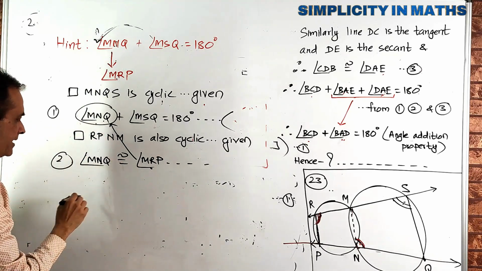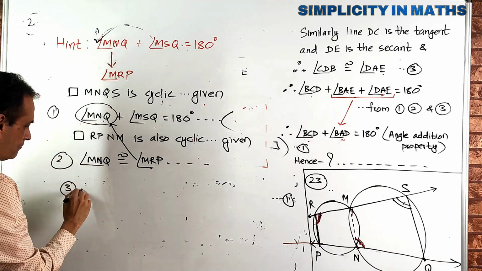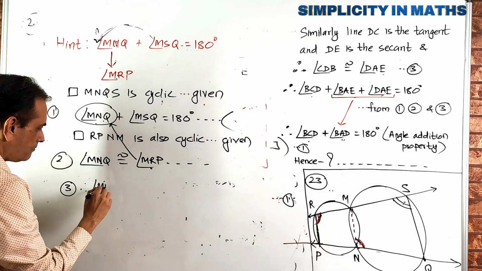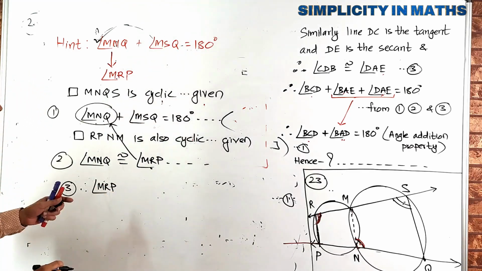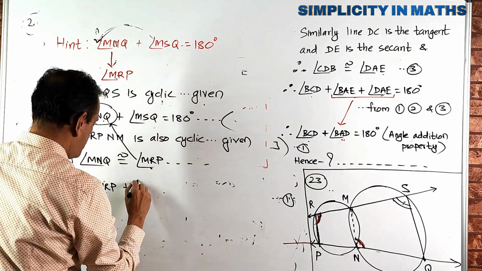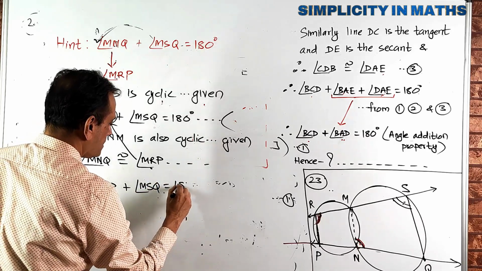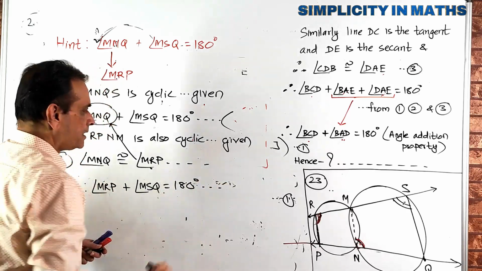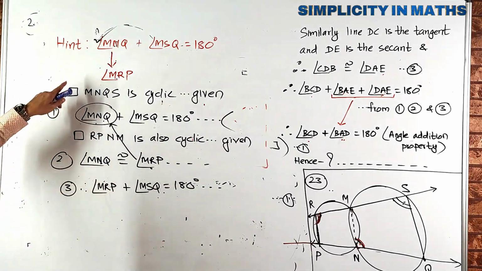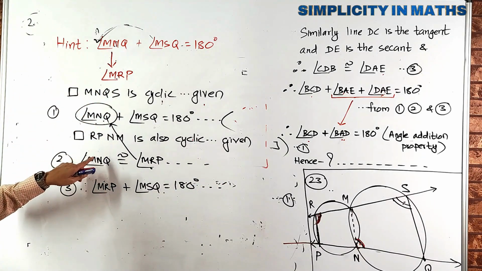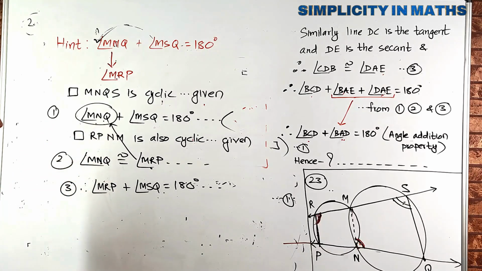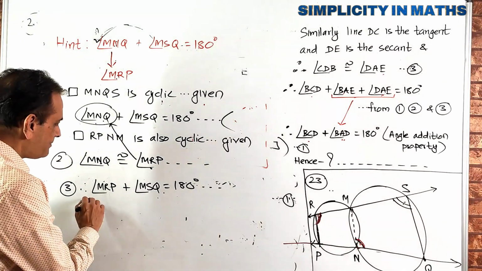Replace by MRP. इसका रीजन क्या है? From equations 1 and 2. बस उतना ही. Okay, so we have reached this step.